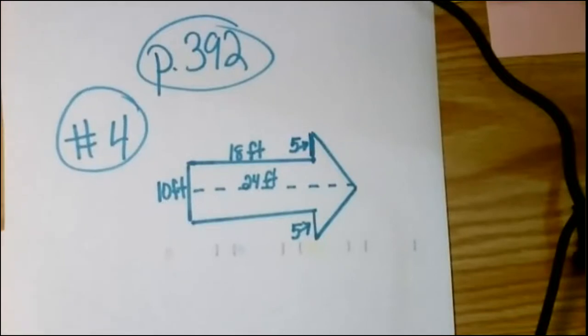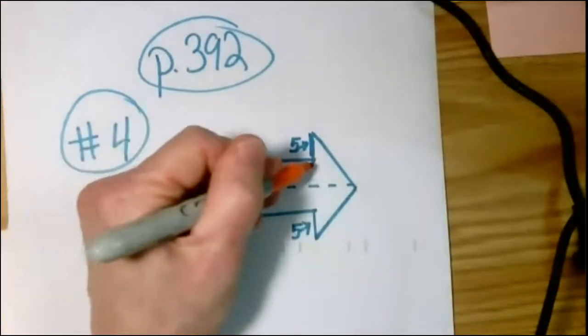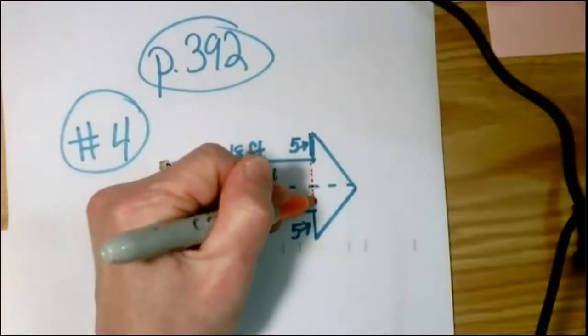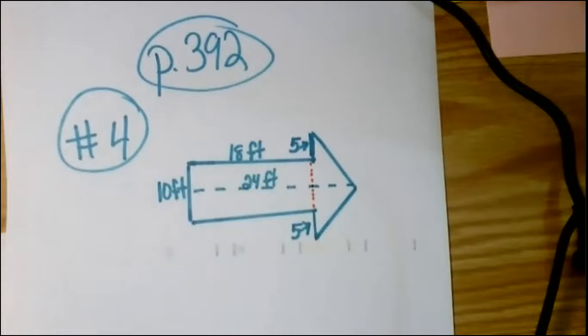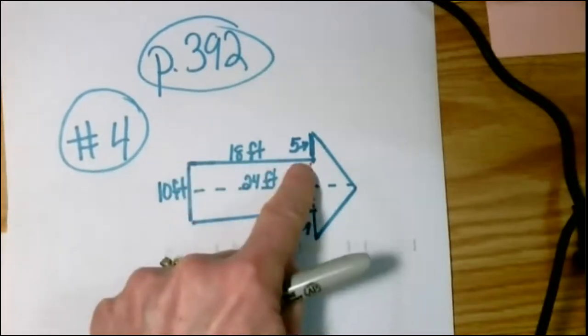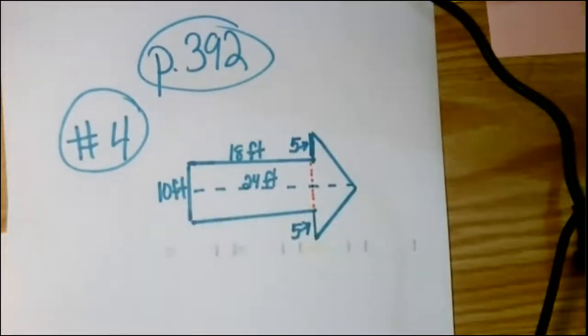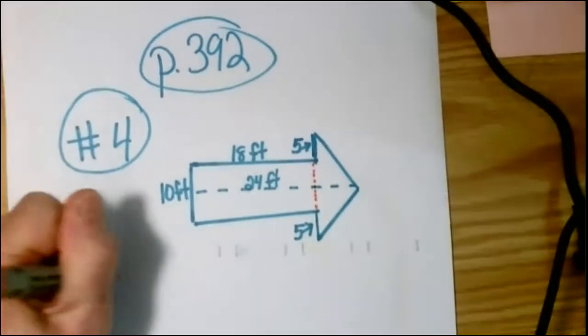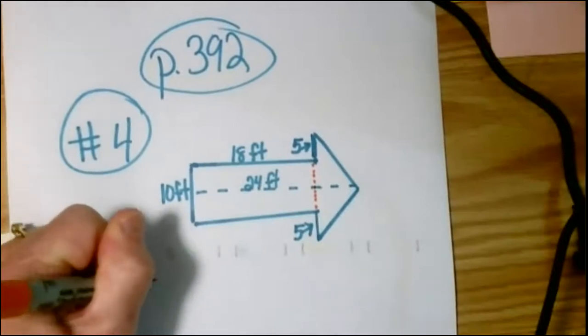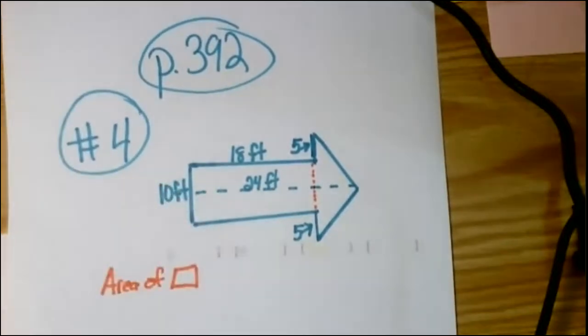Well, I'm going to split this shape into 2 pieces, because I think I have enough information to be able to find the area of this rectangle and the area of this triangle, and this time add the 2 areas together. So let's find the area of the rectangle.